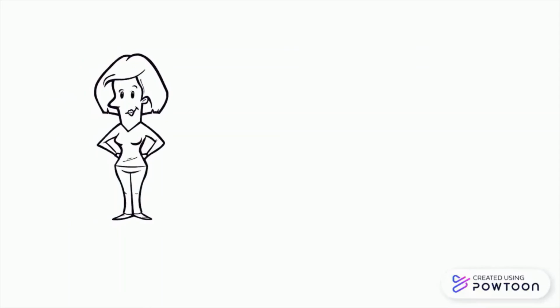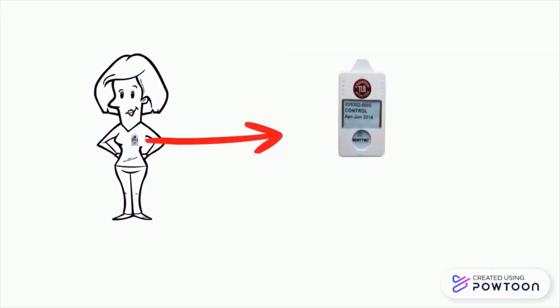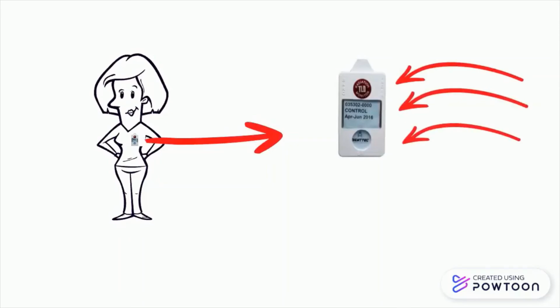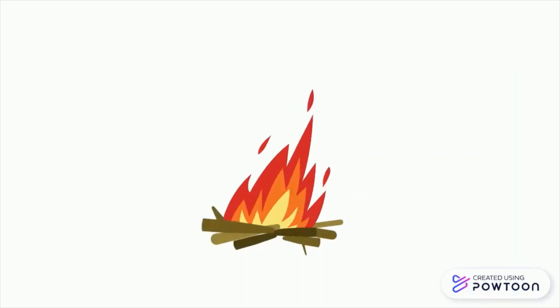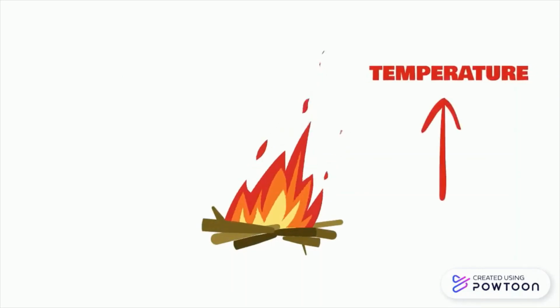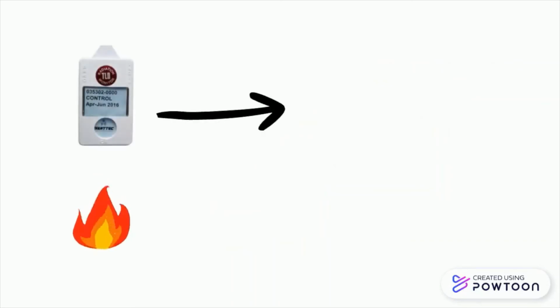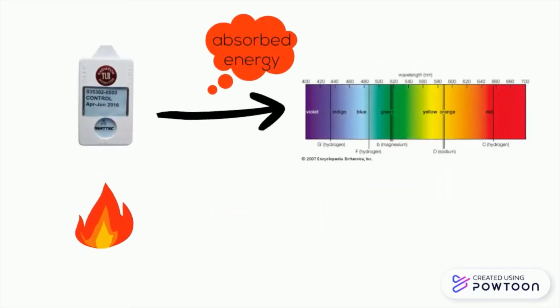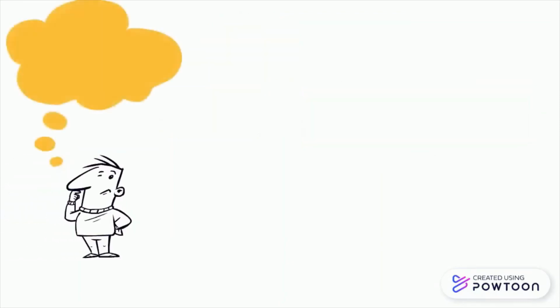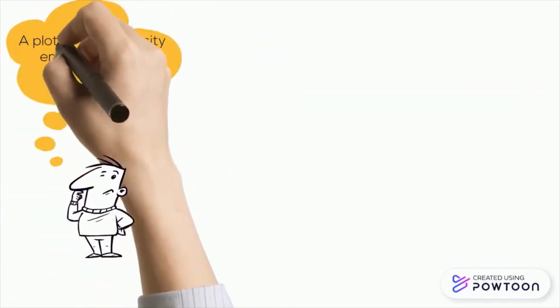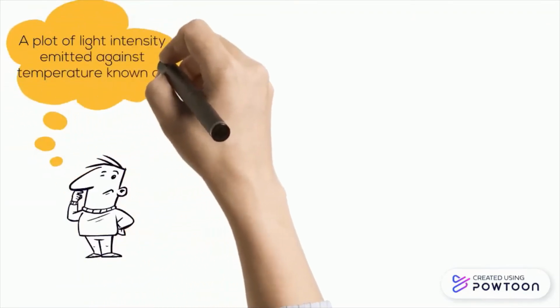Workers who work at a place exposed to radiation wear the TLD badge to record the amount of radiation they have been exposed to. The TLD badge receives and stores the amount of radiation on the TLD chips. Next, the used card will be heated to a high temperature using a TLD reader. On heating, the absorbed energy is released in the form of visible light. Lastly, a plot of light intensity emitted against temperature is known as a glow curve.